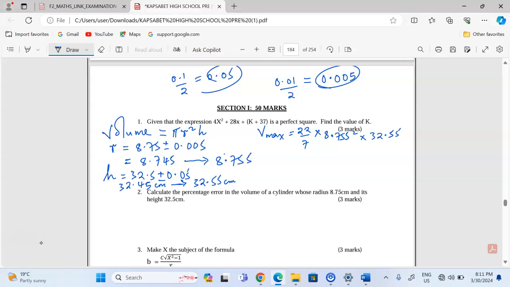Let me compute this. 22 multiplied by 8.755 squared, then multiplied by 32.55 divided by 7. This gives us 7841.30.